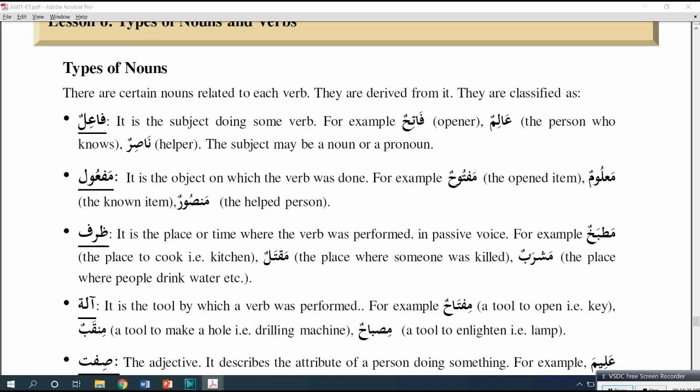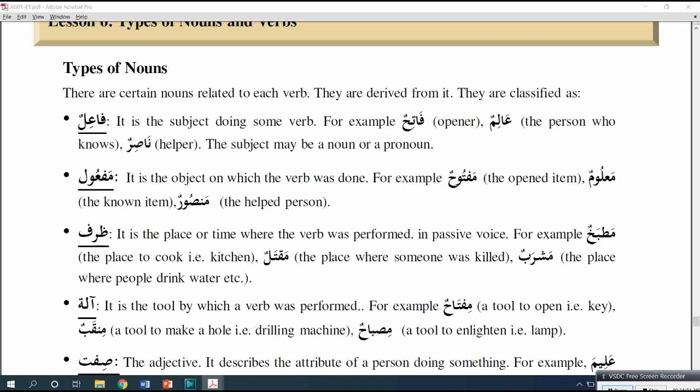Now come to zarf. Zarf is the place or time where the verb was performed. For example, matbakhun. What is matbakh? It is the place to cook, which is the kitchen. So matbakh simply means kitchen.